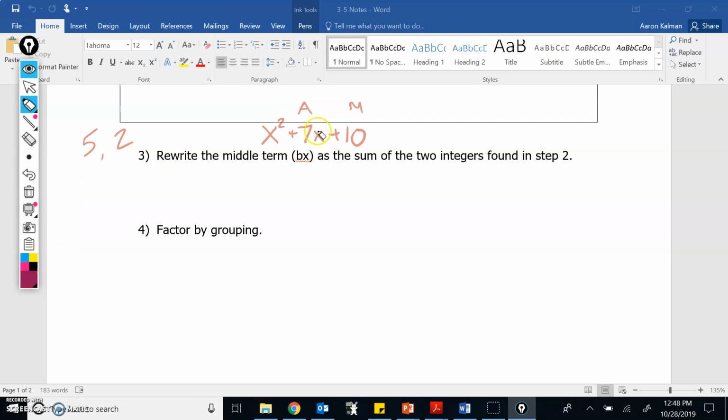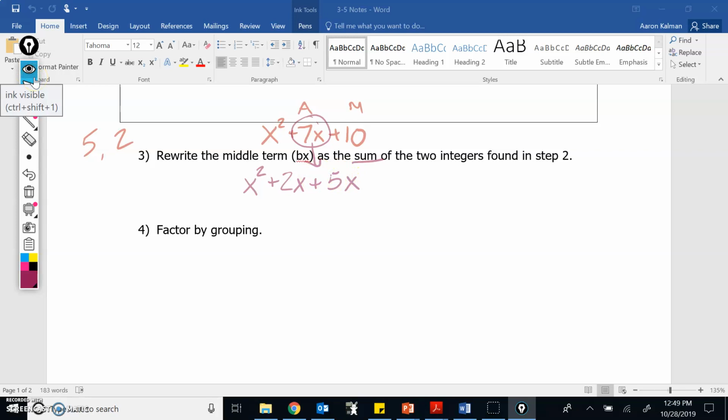We're going to rewrite this plus 7 as the sum of the two numbers that we found, the 5 and 2. X squared, but instead of plus 7x, I'm going to rewrite it as 2x plus 5x.